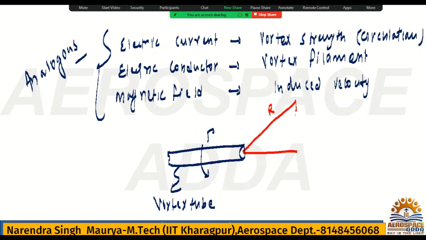This is capital R, this perpendicular distance is small r, this angle is theta, and this is point P. Now if you calculate the induced velocity for any distance, and here that distance is a small r, then with respect to this formulation the induced velocity will be dv, which is circulation upon 4 pi r, sin theta d theta. This is the one formulation.